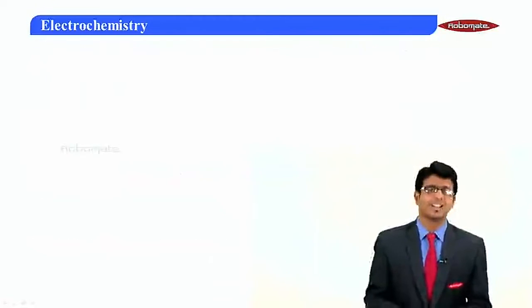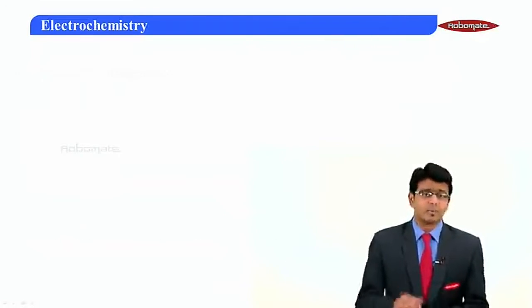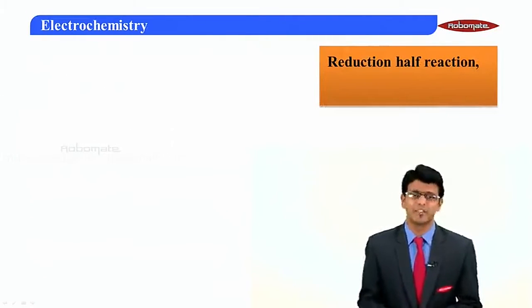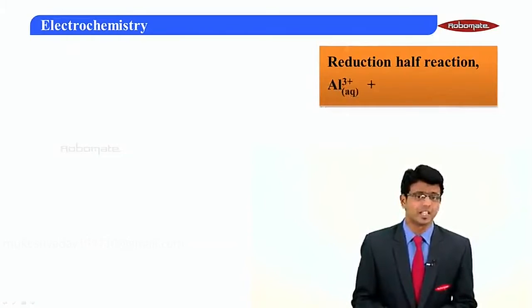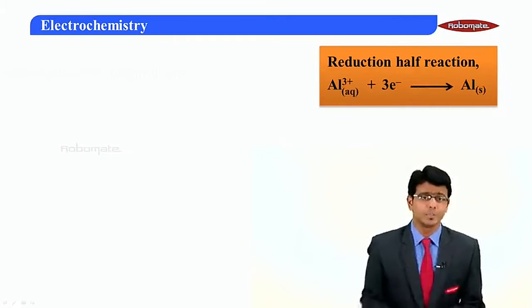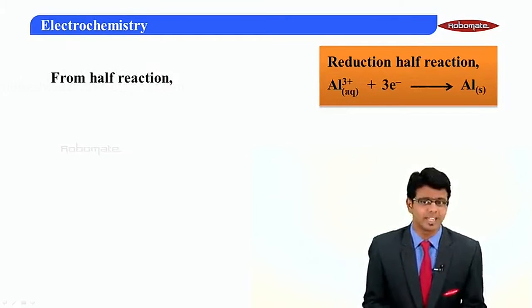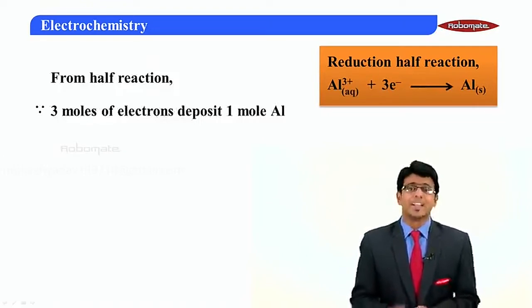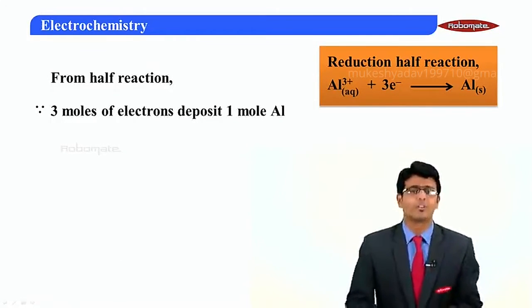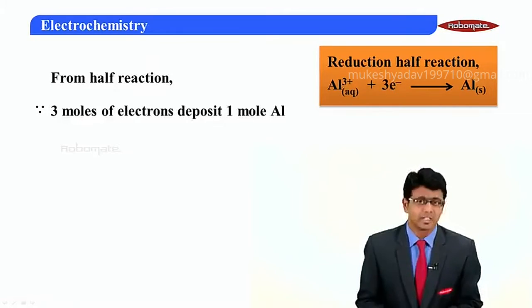Okay. Now we are dealing with the deposition of aluminium, for which let us consider the reduction half reaction, which is nothing but Al3+ + 3 electrons gives you aluminium, that is Al, right? So from this particular half reaction we can say that 3 moles of electrons will deposit 1 mole of aluminium, isn't it?